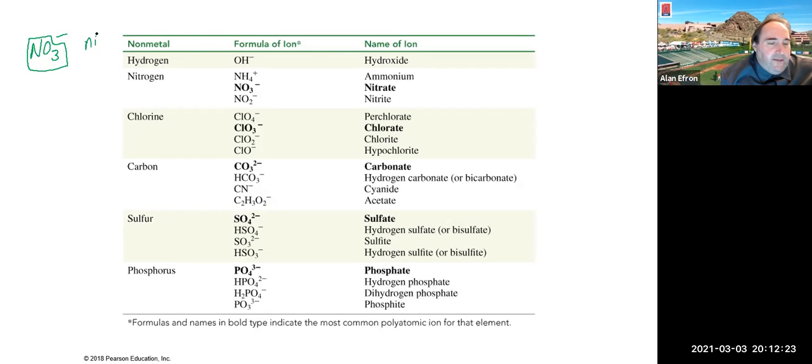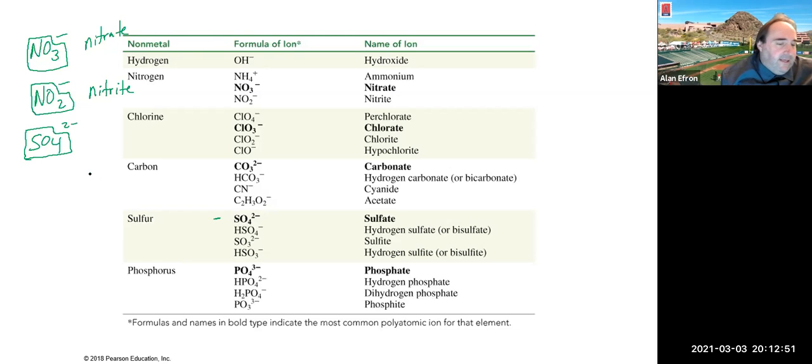That is the nitrate ion. If you take NO2 minus, 1 nitrogen and 2 oxygens, also has a -1 charge. That is what is known as nitrite, ITE. If you look on that chart where sulfur is, we have SO4 2 minus, 1 sulfur and 4 oxygens all together as a unit.